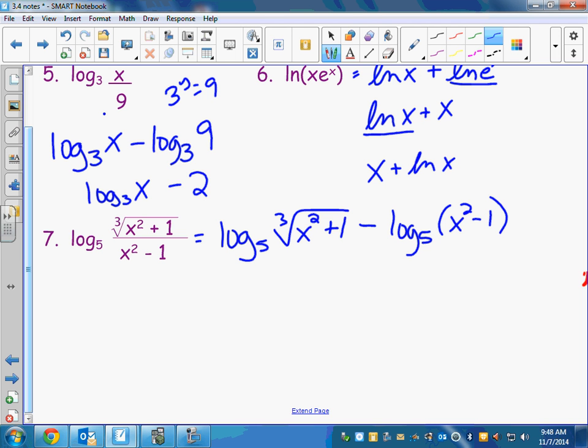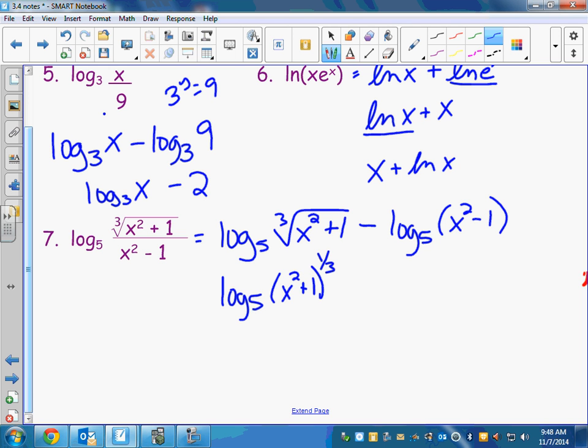Is there anything else I could do on this problem? 1/3 times log base 5. Remember that radicals are really just exponents. So you could write this as x squared plus 1 to the 1/3 power. And anytime you can write it as an exponent, you want to bring that exponent out front if you're going to expand it completely.